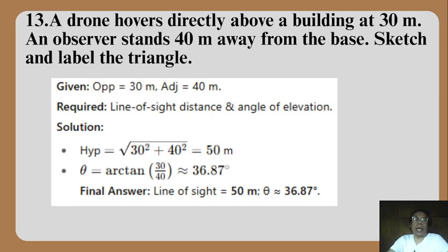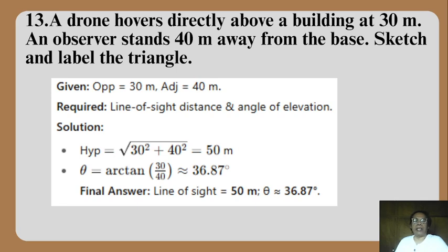And then to get the angle of inclination, because opposite and adjacent values are given, we use the tangent ratio or the tangent function. And theta can be obtained by using arctangent of opposite over adjacent, and substituting opposite to be 30 and adjacent to be 40, the angle of inclination is 36.87 degrees.